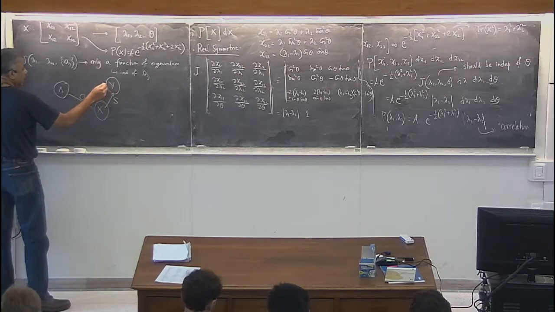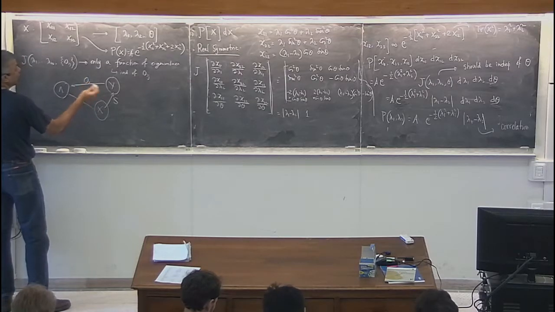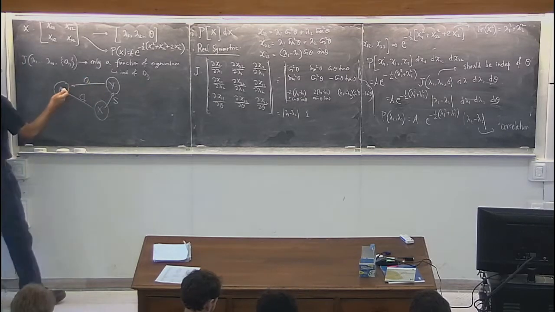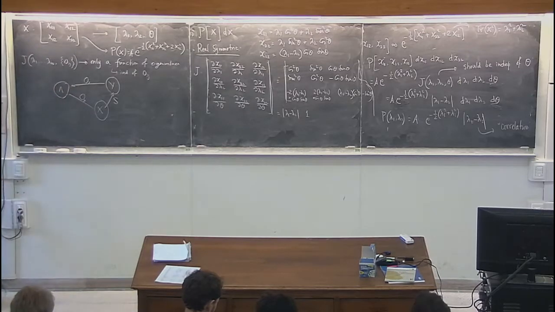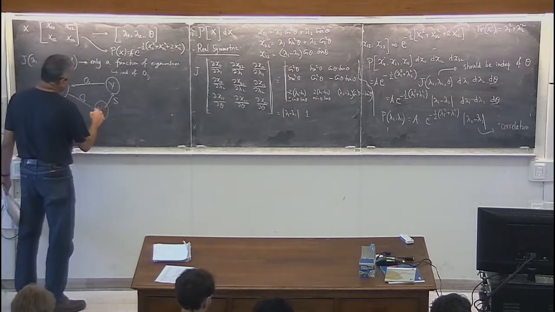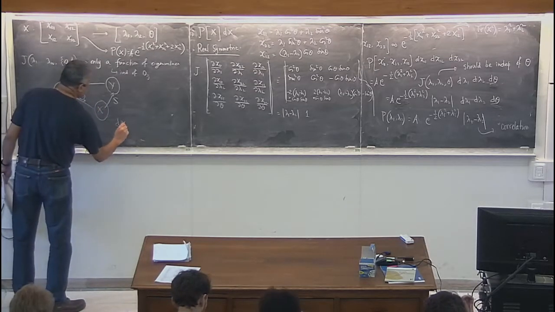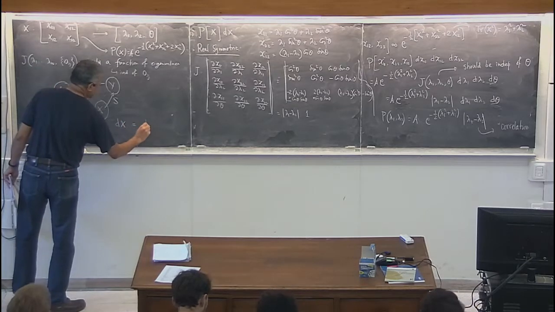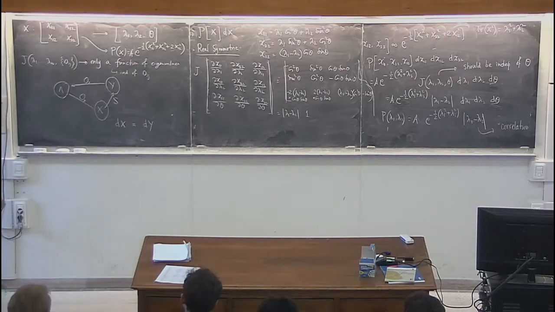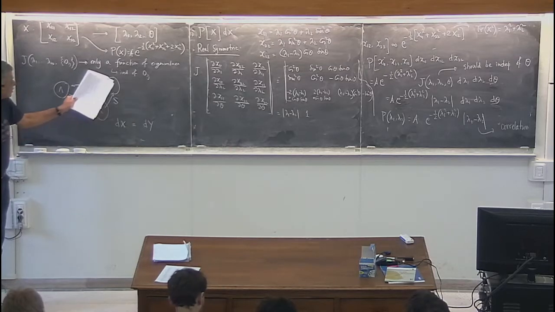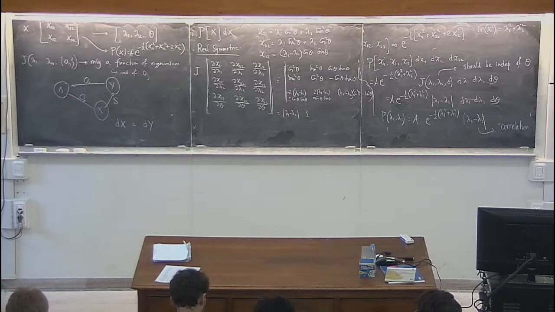I can again diagonalize it by a different matrix: if I call it OX, this will be OY. Now, we have already seen that the Lebesgue measure, the invariant measure dx, does not change under similarity transformation. dx is the same as dy.